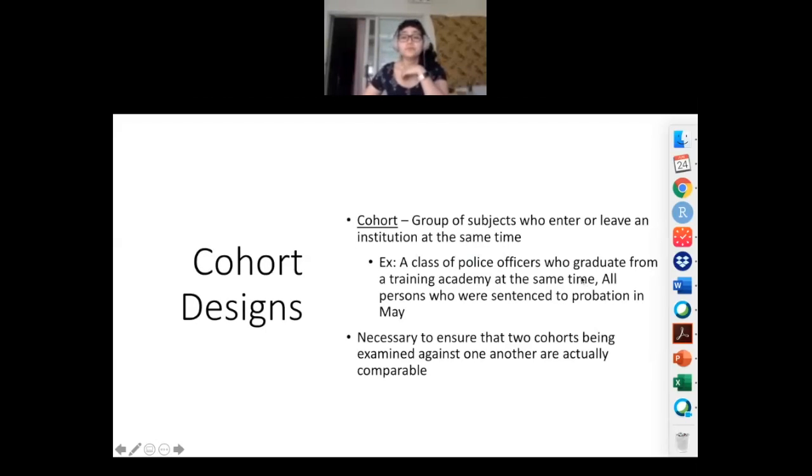Then there's also cohort designs, which is specific to non-equivalent control group designs. And this is when subjects enter or leave an institution at the same time. So, a class of police officers who graduated from a training academy at the same time. In being a cohort, there's a level of similarity and equivalence.